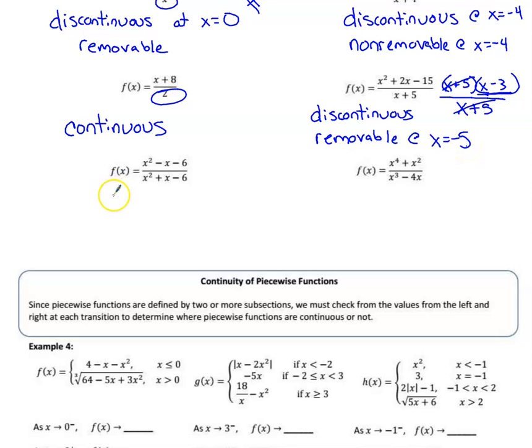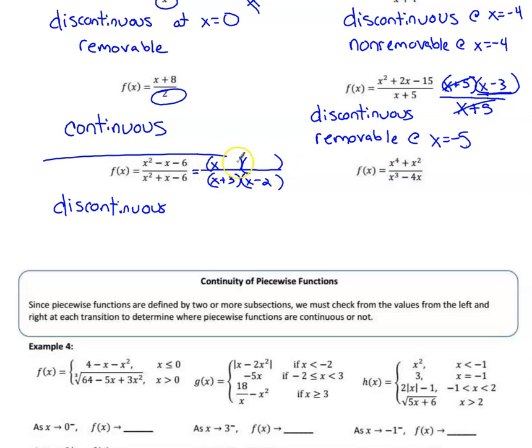So on the next one, can the denominator ever be equal to 0? I'm not sure in the current form, so let's factor. That would be x and x. What multiplies to give you negative 6 that adds to give you positive 1? So positive 3 and negative 2. So it is discontinuous whenever x is negative 3 or x equals 2. Now, can anything cancel? Let's factor the top.